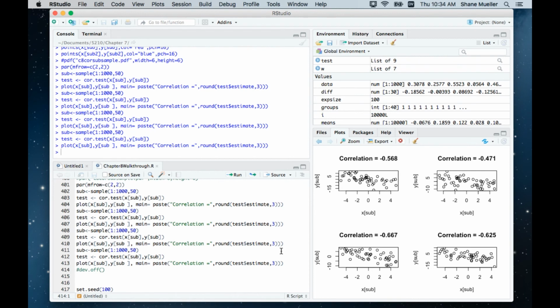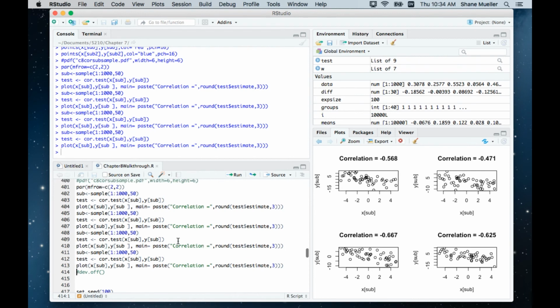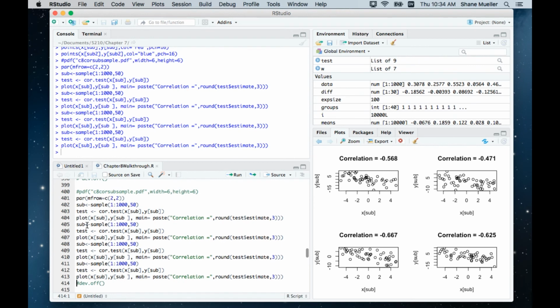This shows some of the variability you might see if you do a subsample. So this is all going to be for the same original values, and they have a really strong correlation, but sometimes I see something as small as negative 0.47, sometimes I see something as large as 0.66.